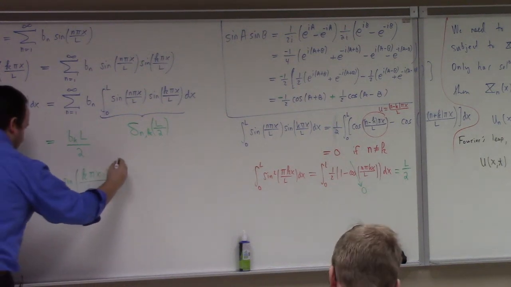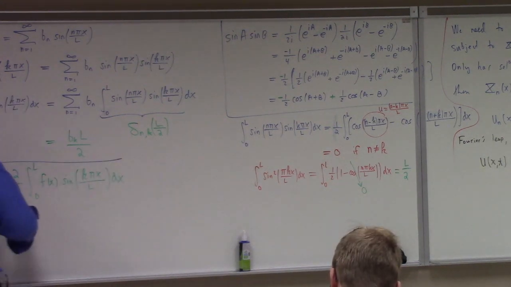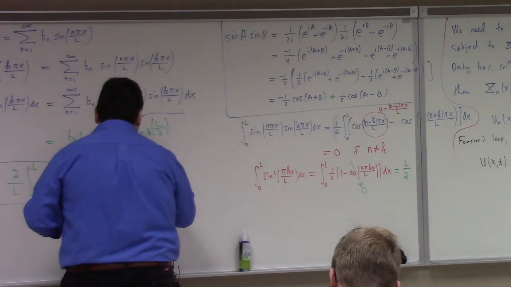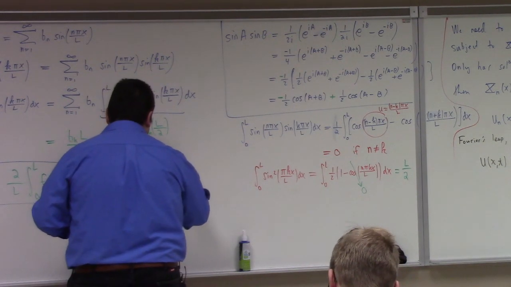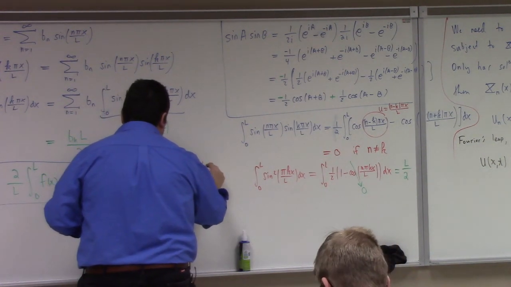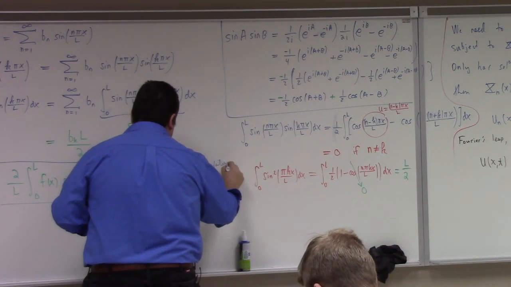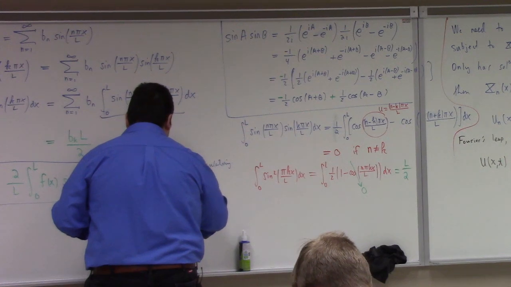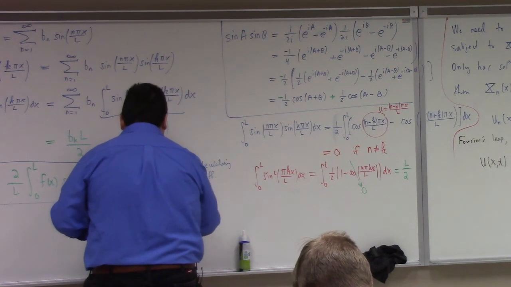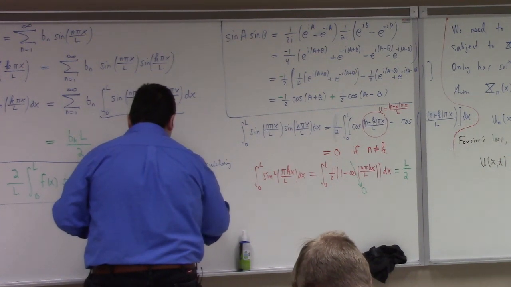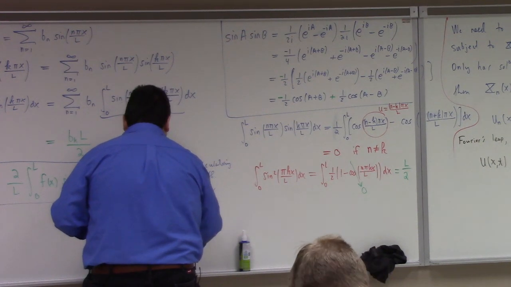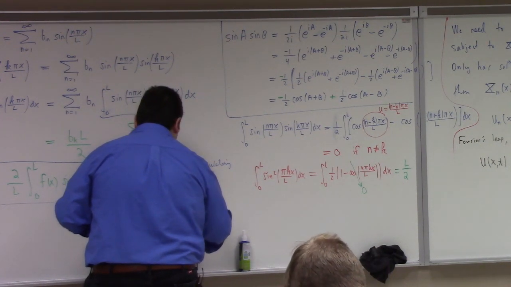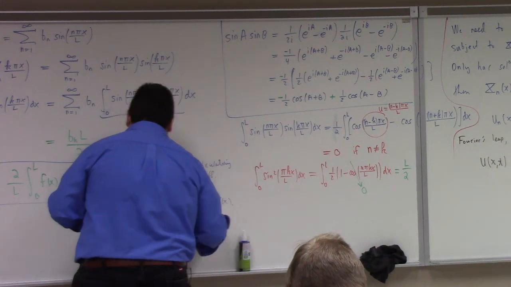This is the formula for calculating the kth Fourier coefficient in the sine series on 0 to L for f of x.